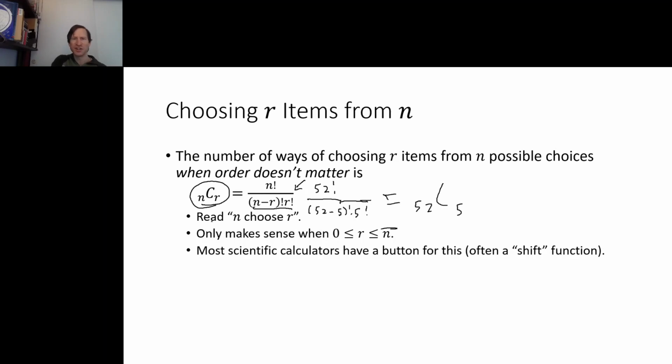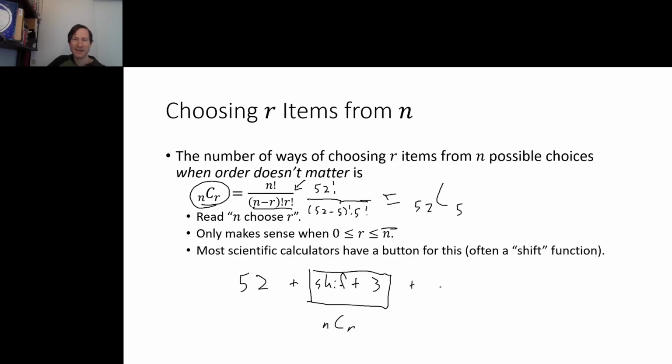Usually it's a shift function on one of your number keys. So on my calculator, for example, shift 3 is the n choose r button. So to calculate 52 choose 5 on my calculator, I enter 52 and then shift 3, because that gives me n choose r.